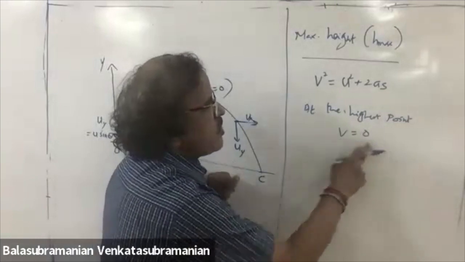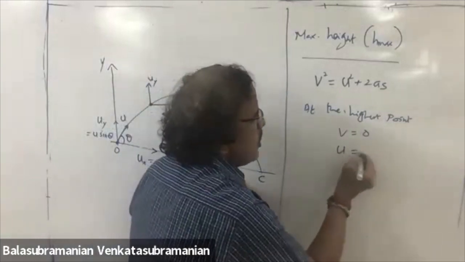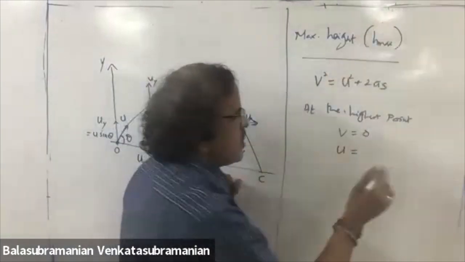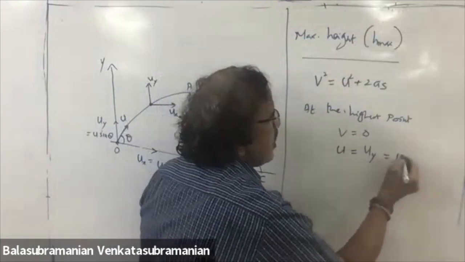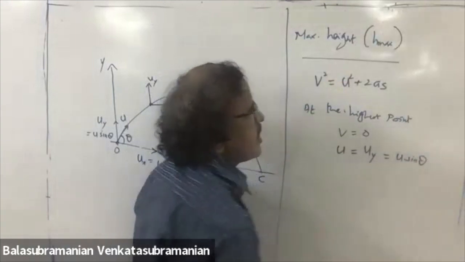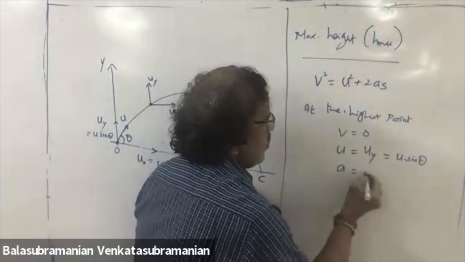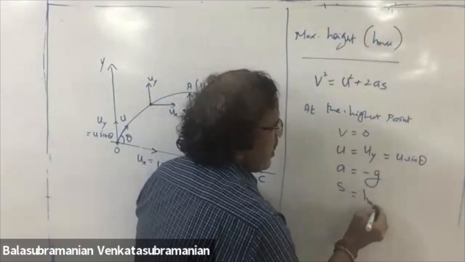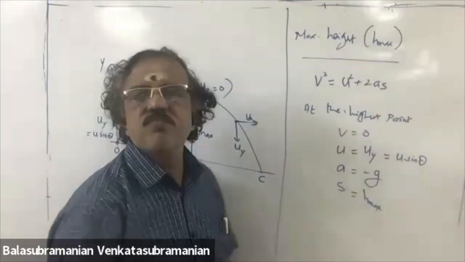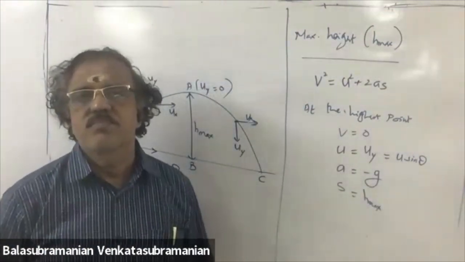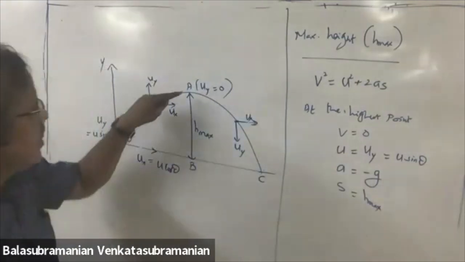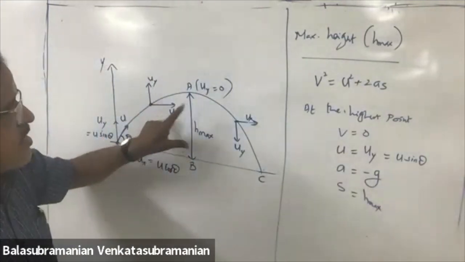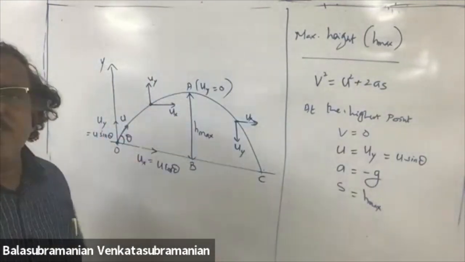So we can write v is equal to 0. u is the projection in the vertical direction, so u becomes uy, that is u sin theta. a is equal to minus g. s is the displacement here, that is h max, the maximum displacement.